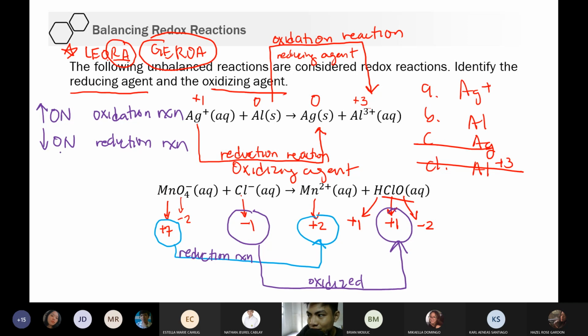Kasi bumababa yung oxidation number. Kunwari, 7 to 2. 7 to negative 1. Ayan. So, reduction reaction yan. Kapag oxidation number, small number to big number, negative 1 to positive 1, nag-increase yan. Okay? So, yan. Nasagot na natin yung question. Sino yung reduction reaction? Sino yung oxidation reaction?